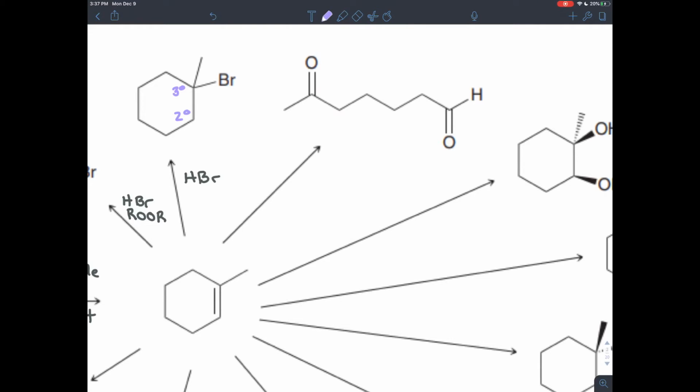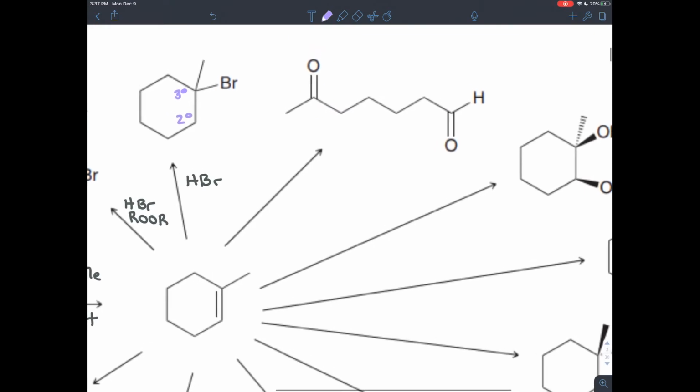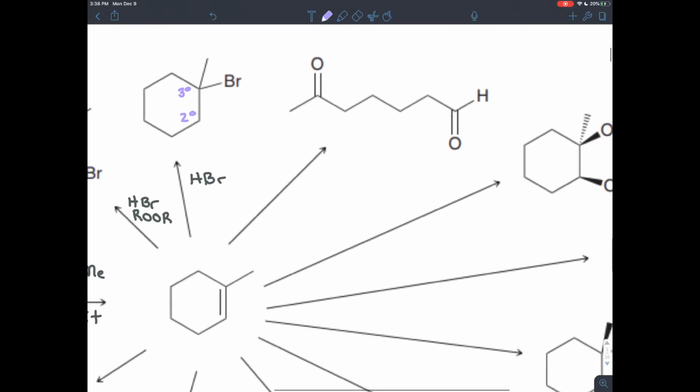Not only that, but we have double bonds to oxygen. Now, we've only learned one reaction to do that. One reaction that will create double bonds to oxygens. That's ozonolysis. So we can use ozone here to break this bond and replace it with double bonds to oxygens.